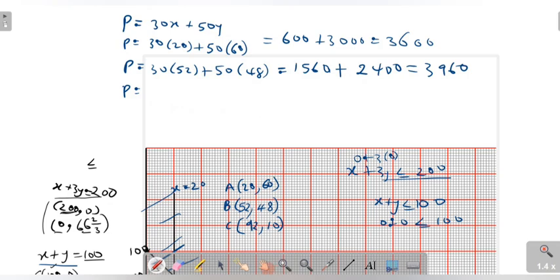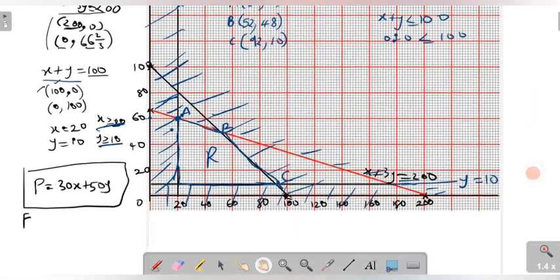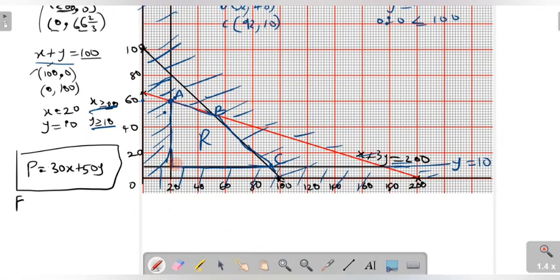The next one, P is equal to, okay, there's one more point I have not added. That's this point here, and that's 92, 10. So I have to add that D, 92, 10.